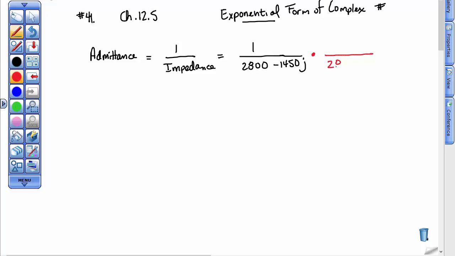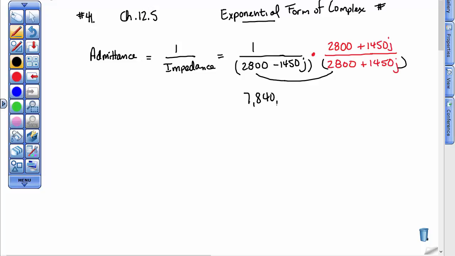So I wonder how you chose to do this, but I'm going to use the 2800 plus the 1450j, and of course I'll multiply top and bottom by that. I've already done these calculations, so I've already FOILed this denominator. The 2800 times the 2800 was 7,840,000, I think.